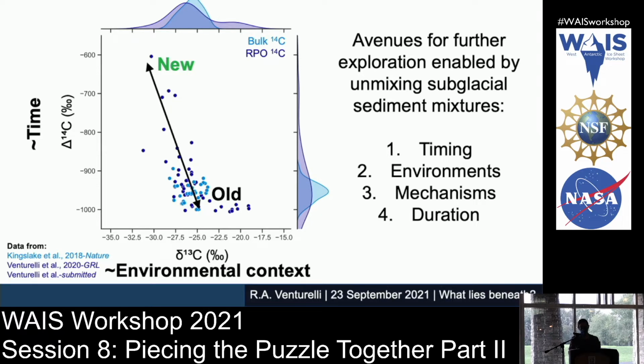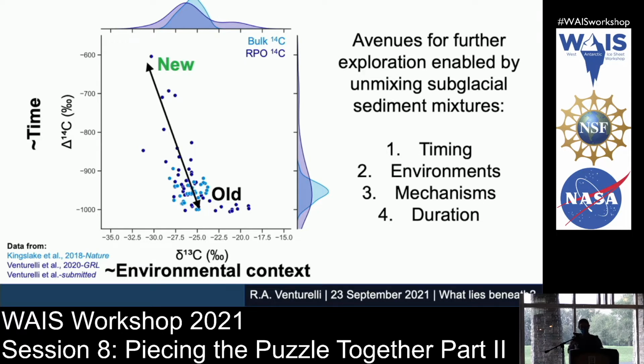When we move to this new end member on the top corner of the arrow, we start to learn that the ocean touched Antarctica more recently than we have traditionally thought by looking at these ice-free archives. In fact, as recent as the Holocene.